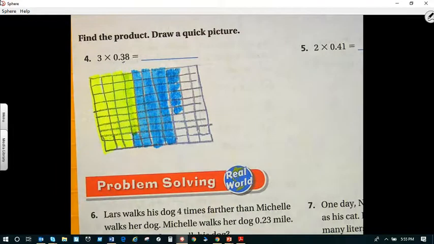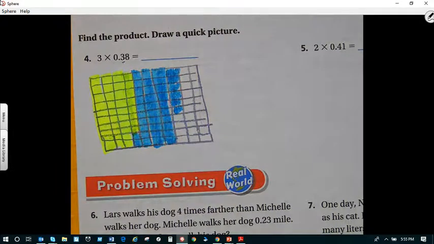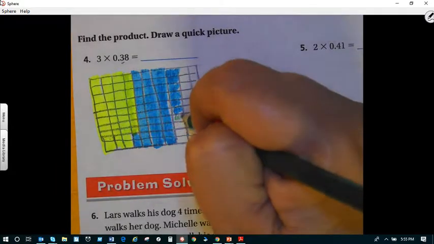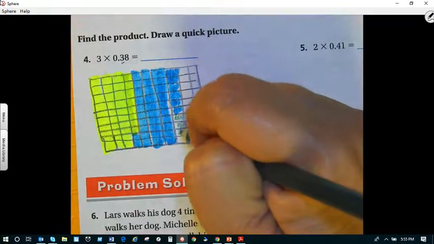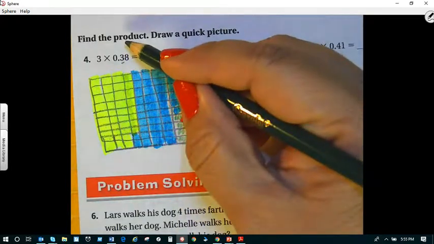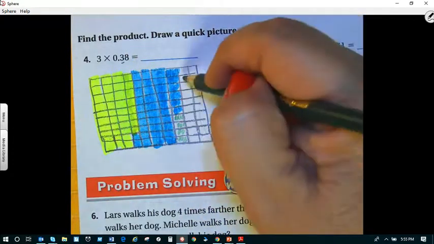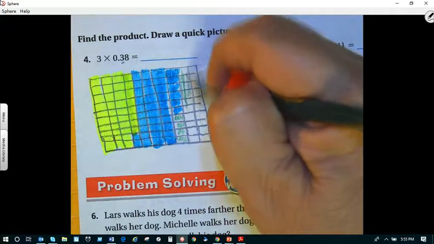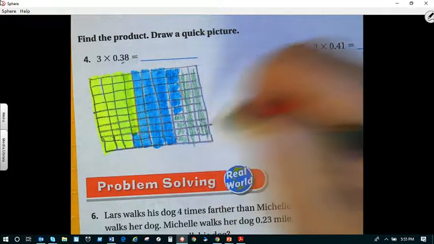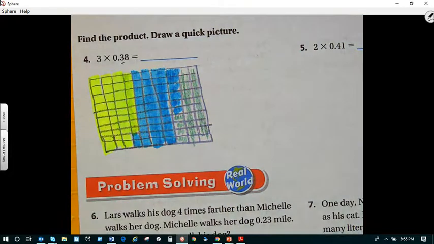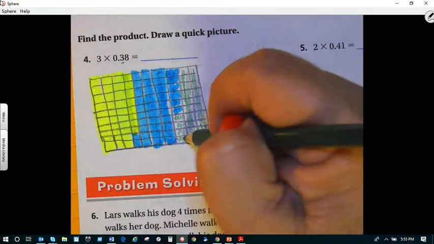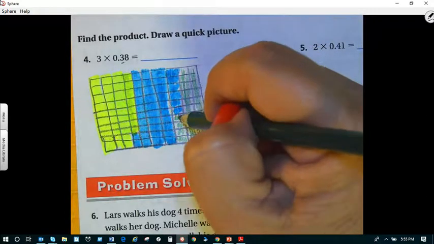So that's 2 groups. If I'm going with my third, I have 1, 2, 3, 4. So 38 minus 4, I have 34 left. Well, I can shade in this one here. That's 10, that's 20. Uh-oh. So I was only able to shade in 10, 20, 21, 22, 23, 24.